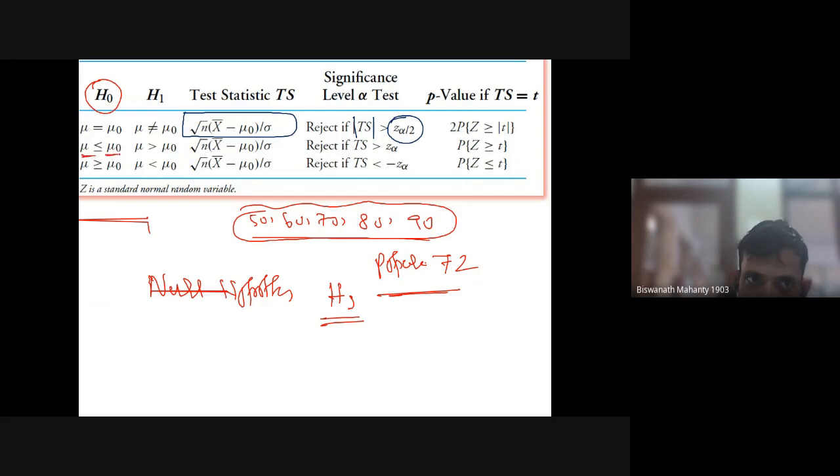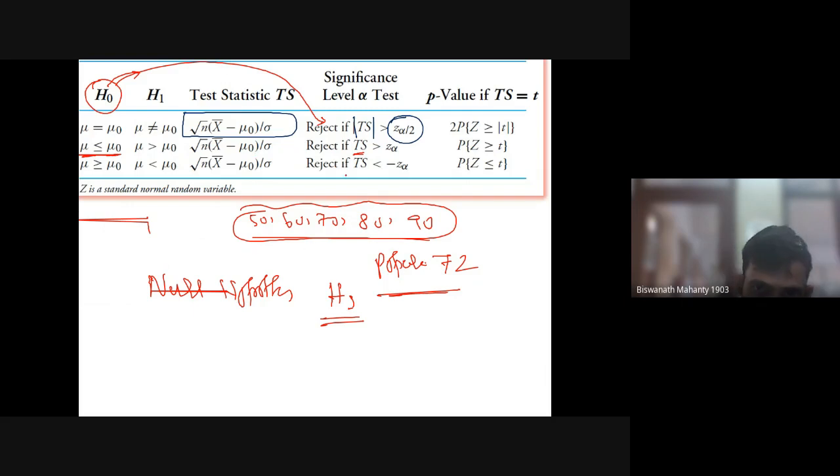These are the values: we will reject this one or we will accept it. So we will reject the null hypothesis if my t statistics value is greater than z alpha or minus z alpha.